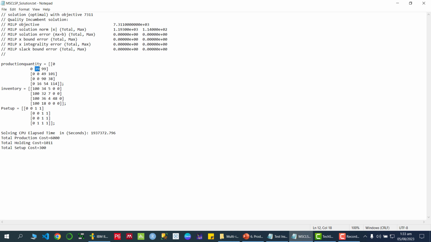Product 1 is going to be produced 39 units in time period 3, and then in time period 4 it is 99. Similarly, how much inventory we have of a particular product in a particular time period, and in which period we are going to set up the machine for that product or not. Then we mention how much time the CPU has taken to solve this problem, and at the end we mention the total production cost, holding cost and the setup cost.